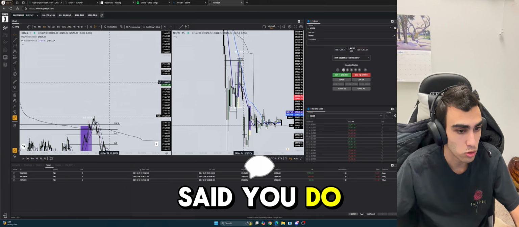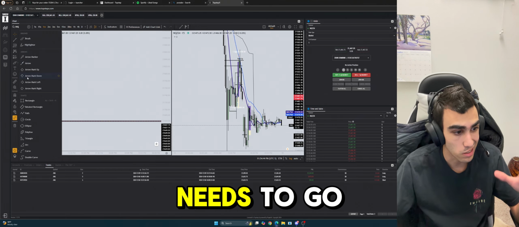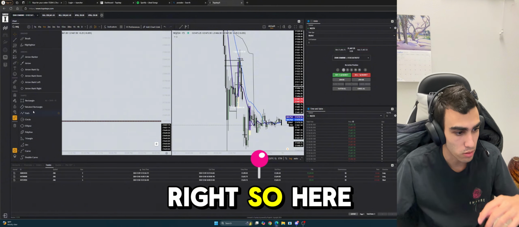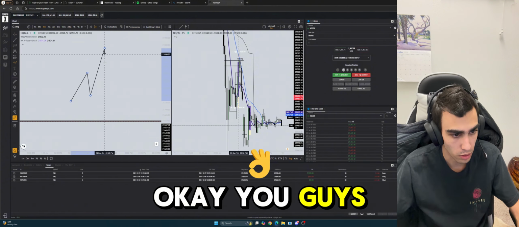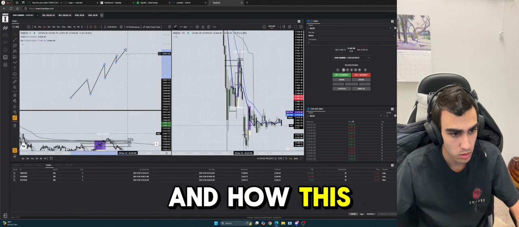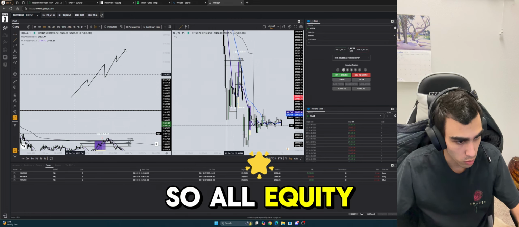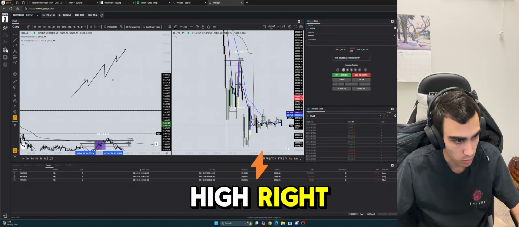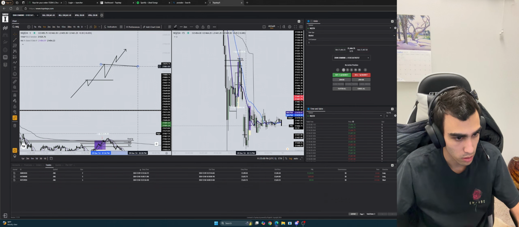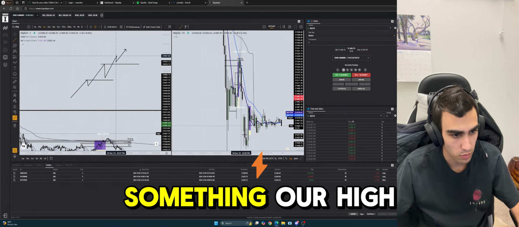Like I said, you do need to understand a few things that go into play with liquidity. Here you learned about trend and how trend can affect the market. So here we have a higher high, this is another higher high, and here we also have another higher high.